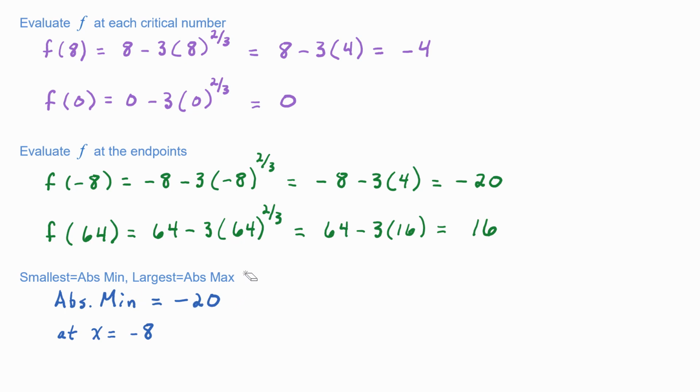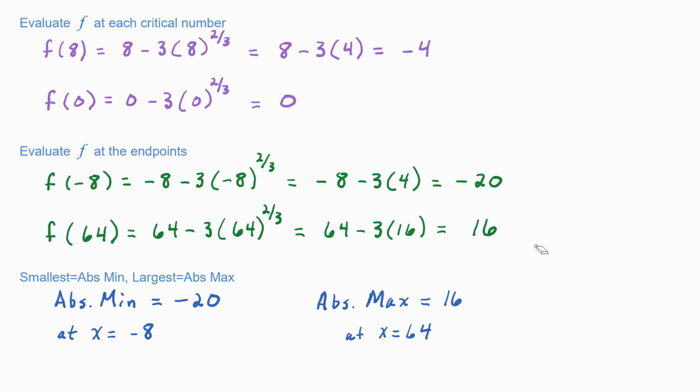The largest y value will be the absolute max, and of these 4 choices, the largest is 16, so the absolute max is equal to 16, and that occurred at x equals 64, which was the other endpoint. So in this case, both the absolute min and the absolute max happen to come from the endpoints.